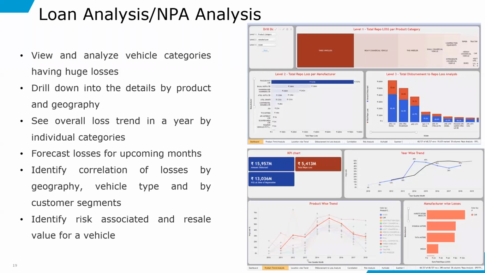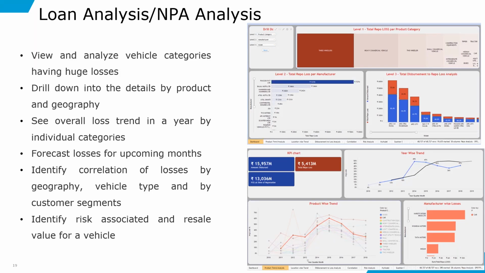As they are lending, they need to understand as early as they can where they are seeing the problem. So they need to understand if there's a correlation between the geography or a particular type of lending they are doing, or a type of customer segment which is giving them issues, right? And the earlier they are able to detect those kinds of things, the better it is for them.